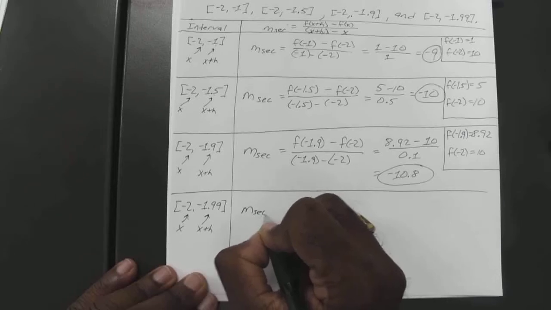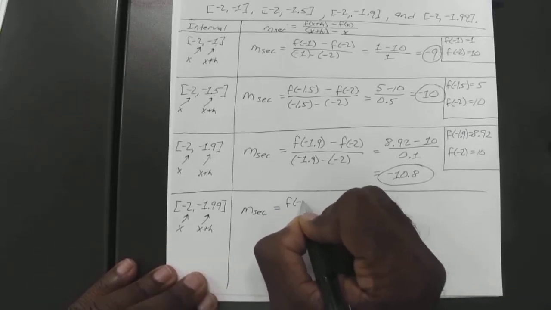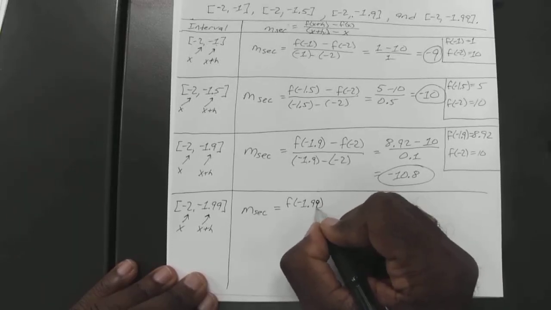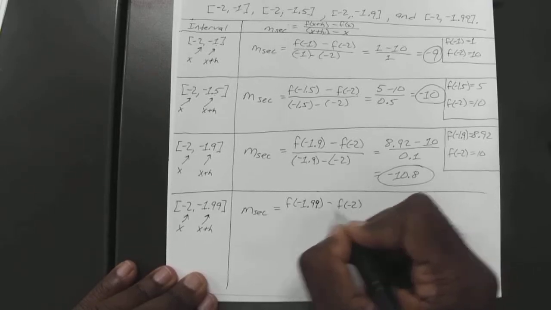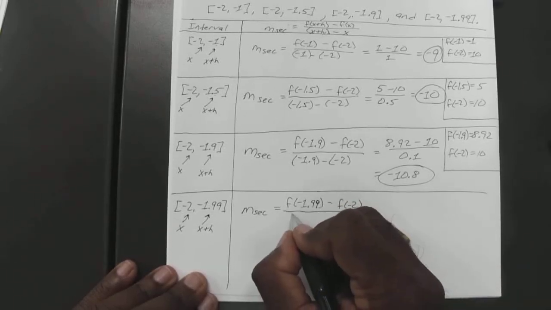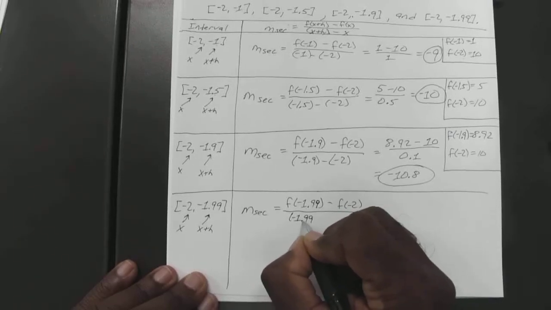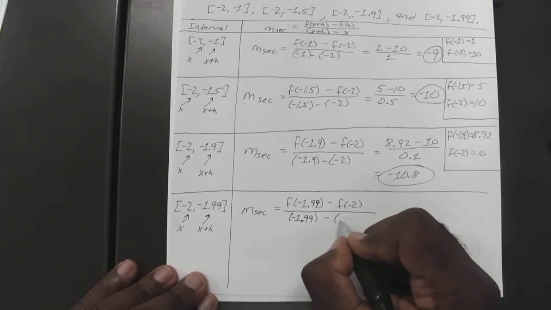So your average rate of change is equal to f of x plus h, f of negative 1.99, minus f of x, all over x plus h minus x.